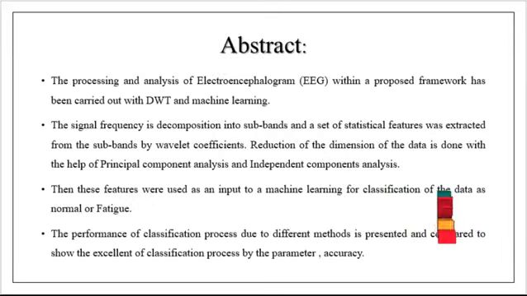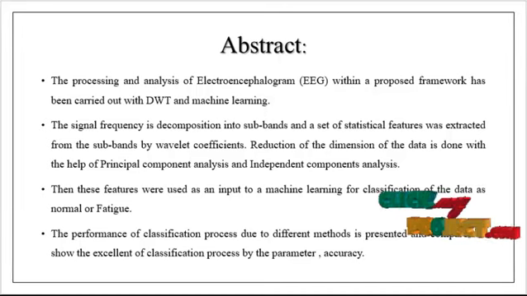Now we are going to discuss the abstract of the process. The processing and analysis of the EEG signal within the proposed framework is carried out with the discrete wavelet transform and then a machine learning algorithm.